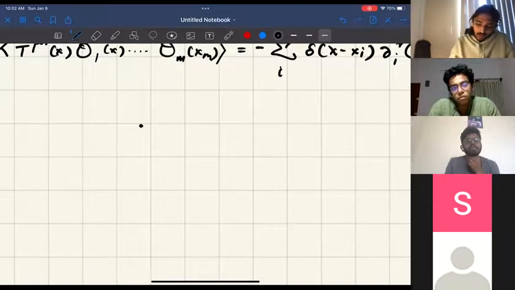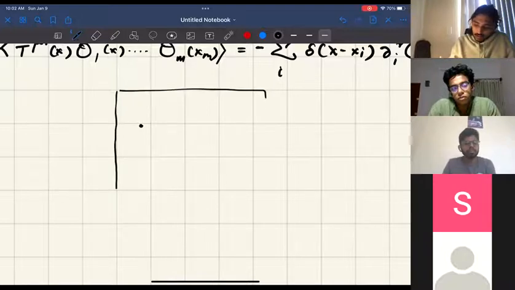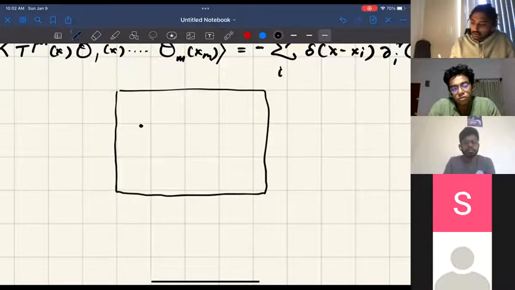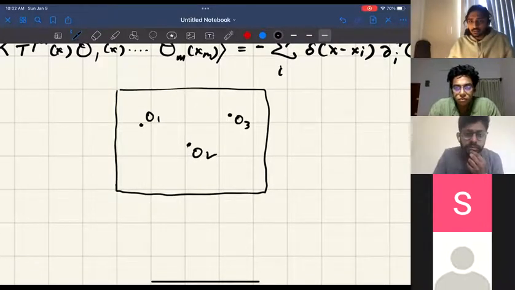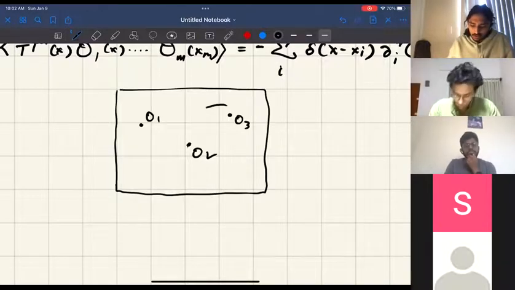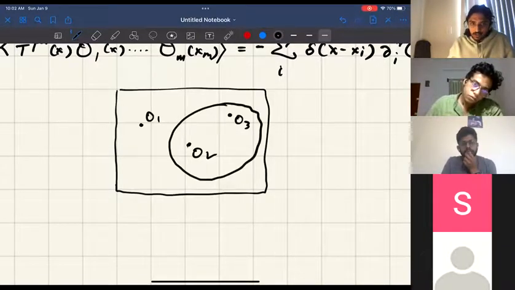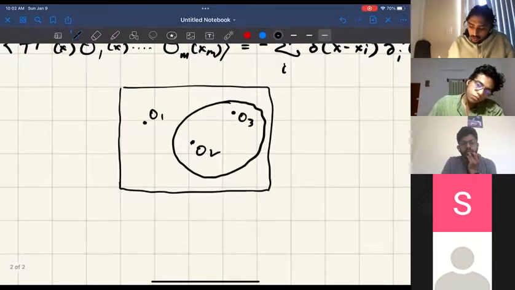So let's say this is the region that we are dealing with in spacetime, and you have some random operator insertions, O1, O2, O3 at x1, x2, x3. We pick a ball that encloses some of the operator insertions. Let the boundary of this ball be called sigma.